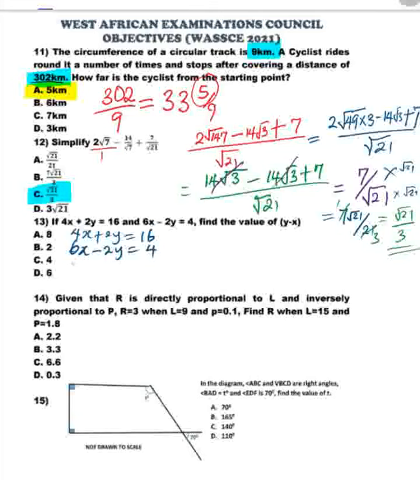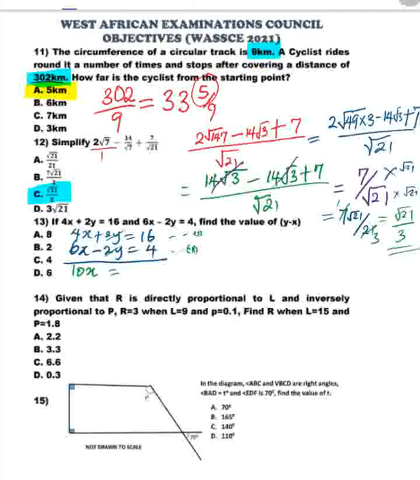We're going to use elimination method to eliminate y now. And doing that, we're going to sum, because we have positive and negative. So we quickly sum the two equations, equation 1, equation 2. Okay, 4x plus 6x will give us 10x, and 2y plus minus 2y will give 0, so they can go.